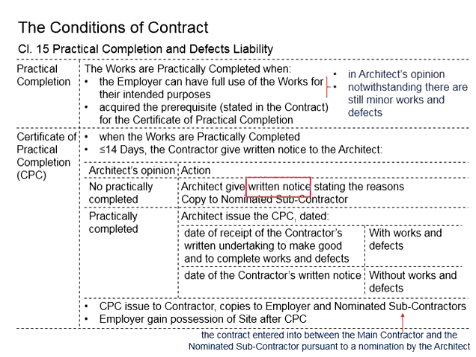The written notice needs to send a copy to the nominated subcontractor if the works are related to the nominated subcontractor. That means if the architect finds it is not practically completed, no CPC will be issued. Instead, there will be a written notice asking the contractor to rectify the pending works.